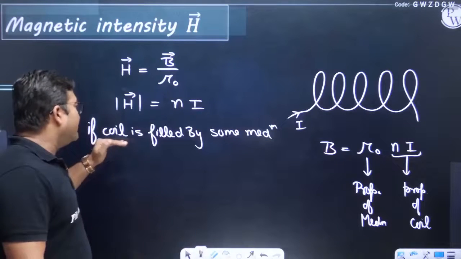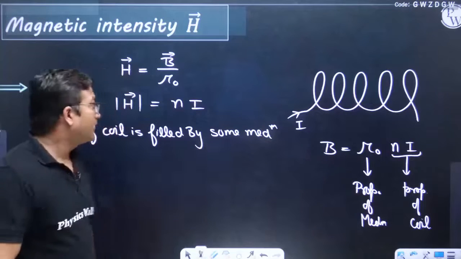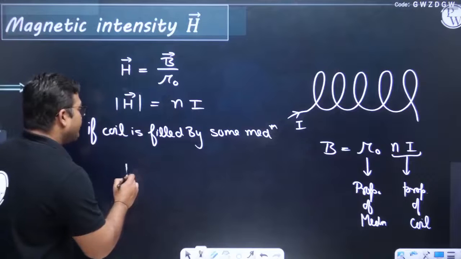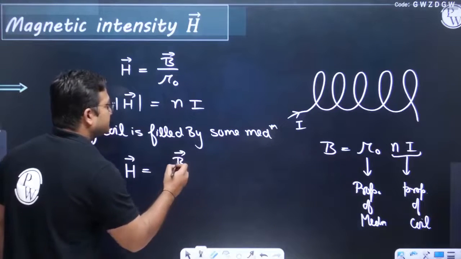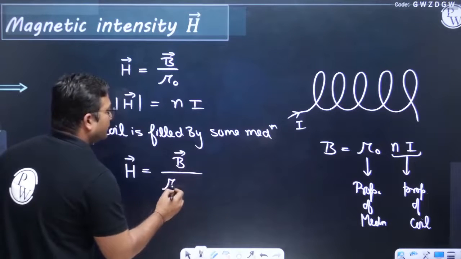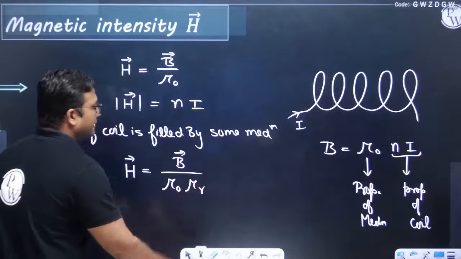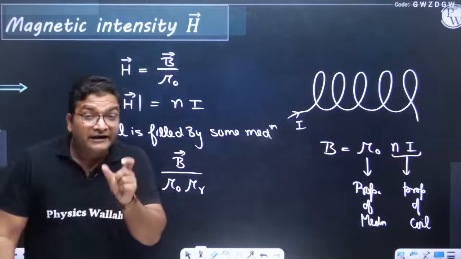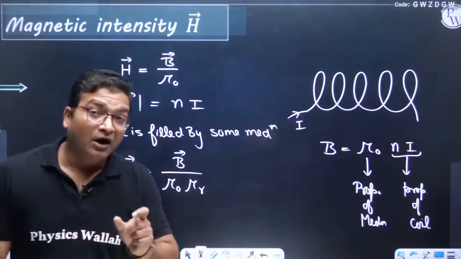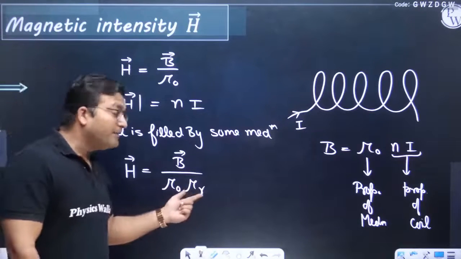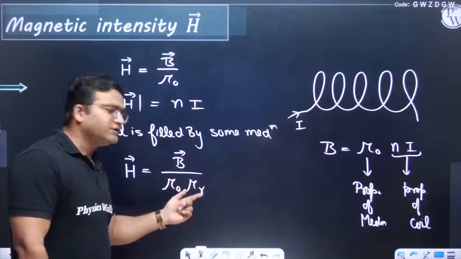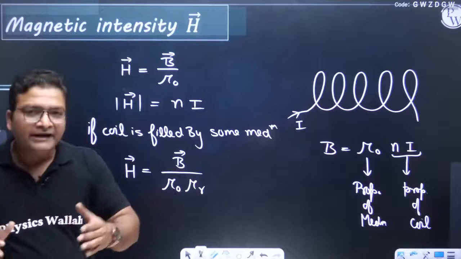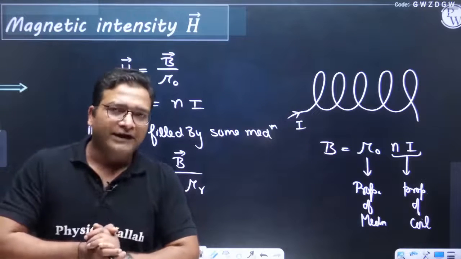But if the coil is filled by some medium, then the H vector becomes B vector divided by mu naught mu r, and mu r is called the relative permeability of that medium. The relative permeability of vacuum or air is simply 1, but it is not equal to 1 for any other medium.